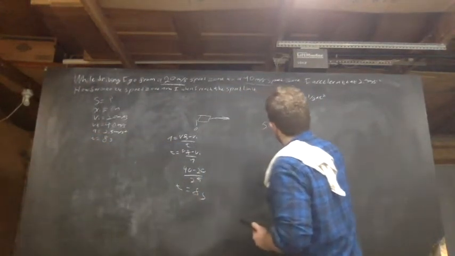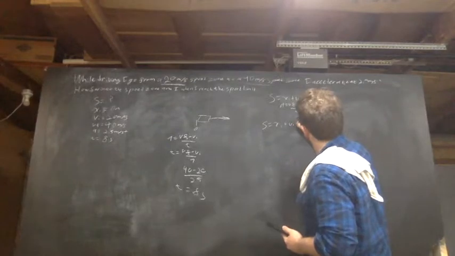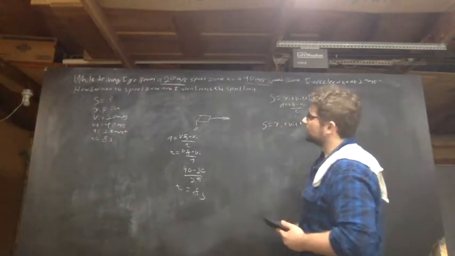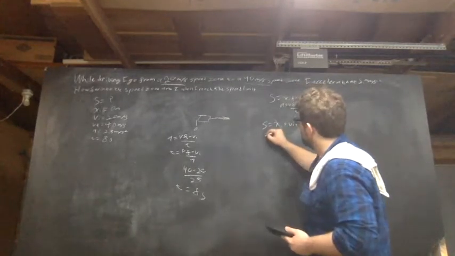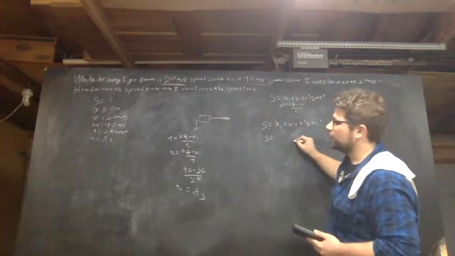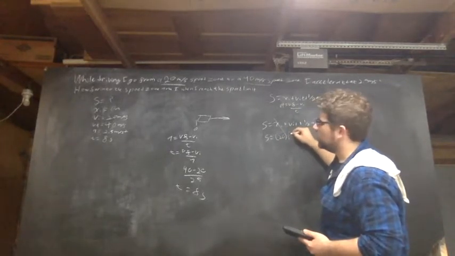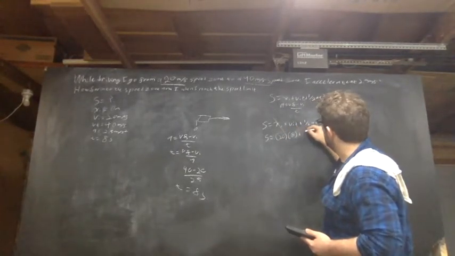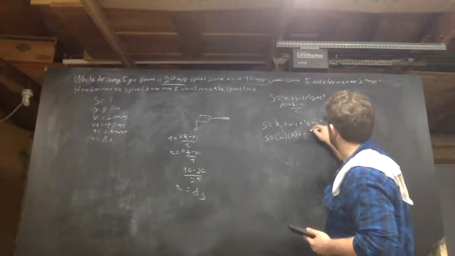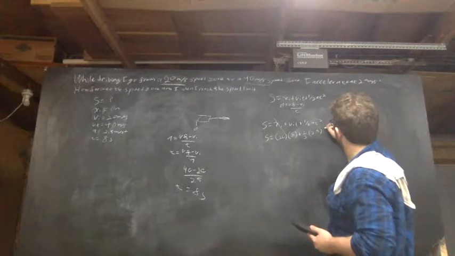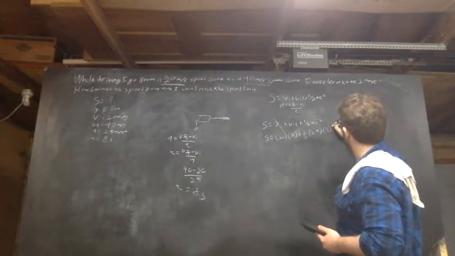So s is equal to xi plus vit plus 1/2 at squared. Xi is 0, dropping it out. S is equal to, and now plugging in my numbers, I'm going to have a 20 for my vi, an 8 for my time, plus 1/2 of 2.5 times 8 squared.